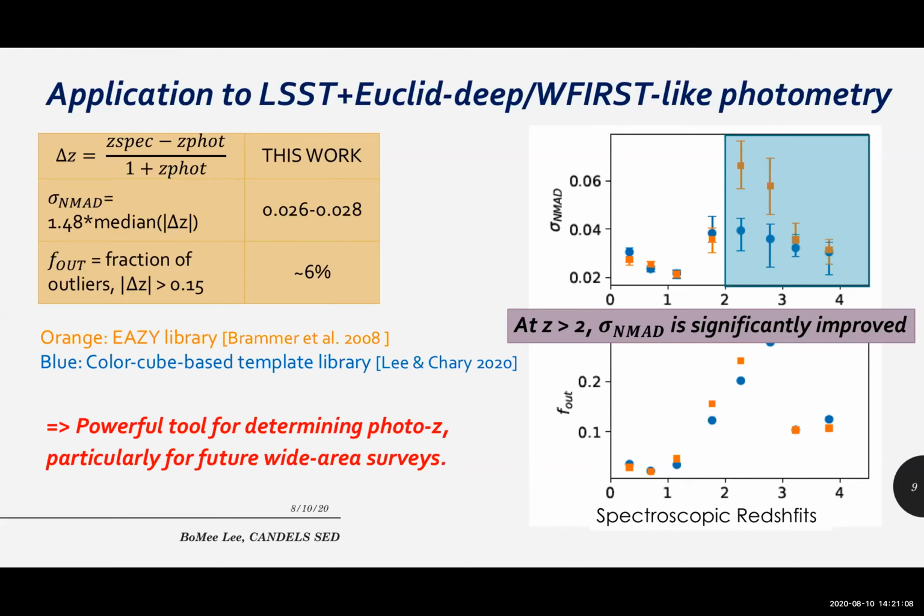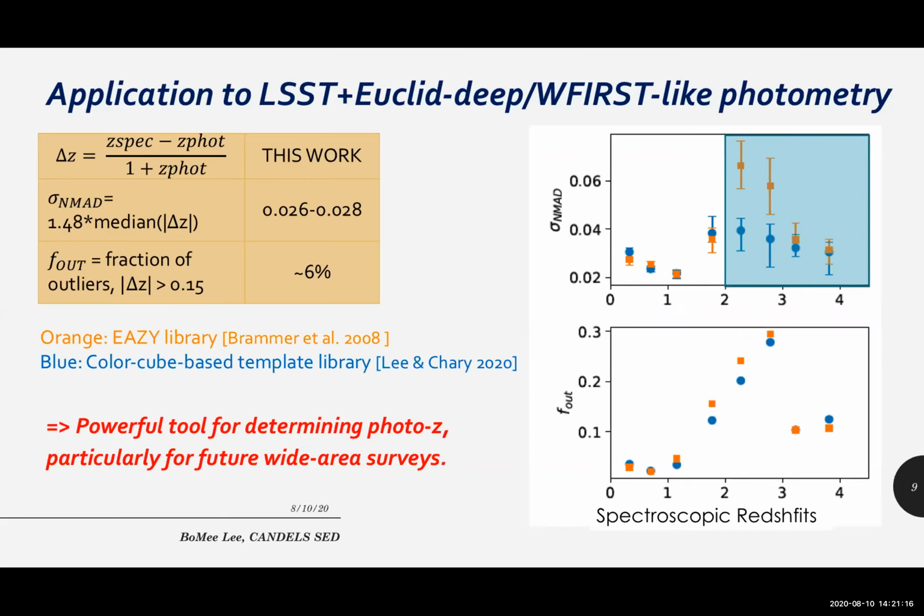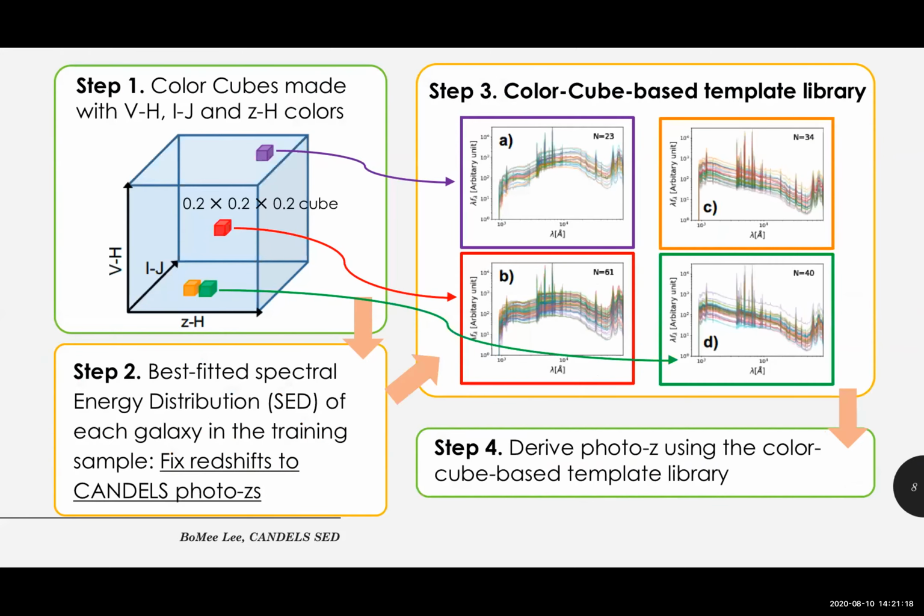Hi, Bomee. I also have a really quick question related to Karthik's second question. In your color cube, you mentioned that you bin them into bins of 0.2 magnitudes and you would query the best fit SEDs for those galaxies, right? What best fit SEDs do you use? What are the templates that go into that process?